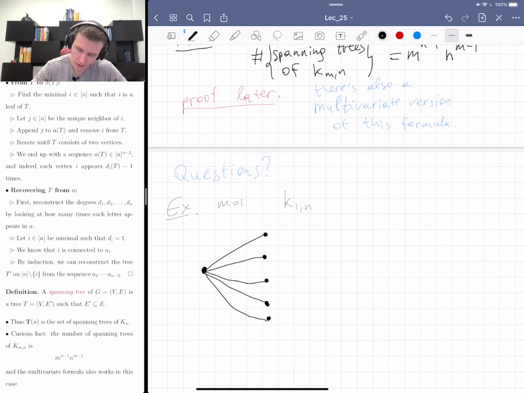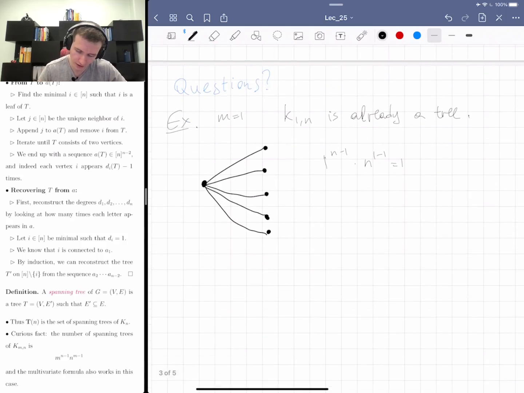K_{1,n} is already a tree. And the formula gives 1 to the n minus 1 times n to the 1 minus 1, which is 1. Yeah, that's a good question. All right, any other questions?